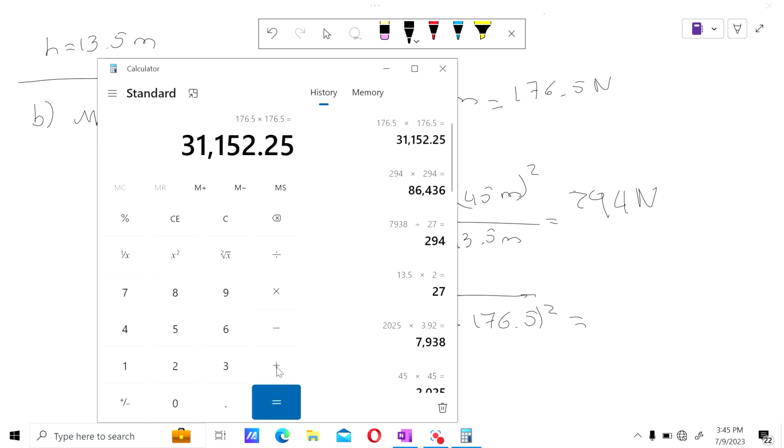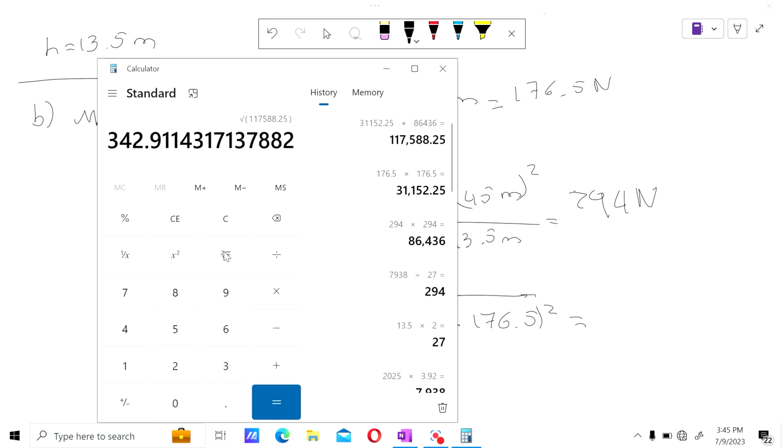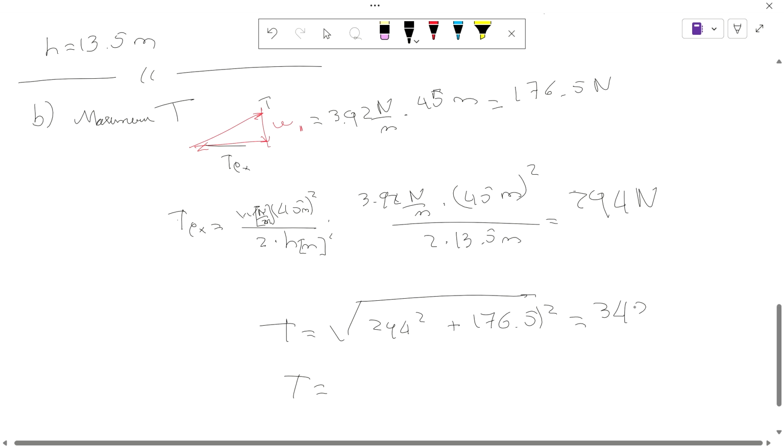Wow, that's pretty big. Plus 86,436, which is almost three times as big. And the square root of that is 343 newtons.